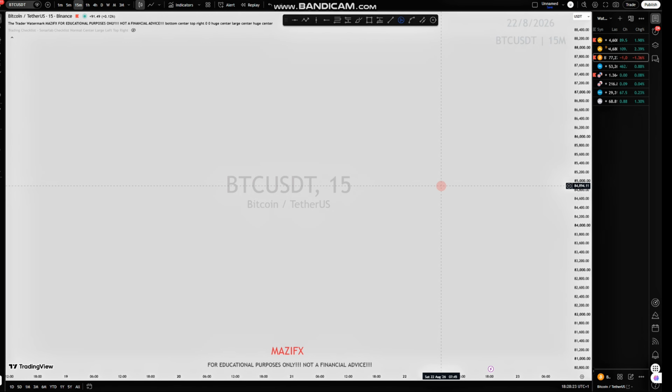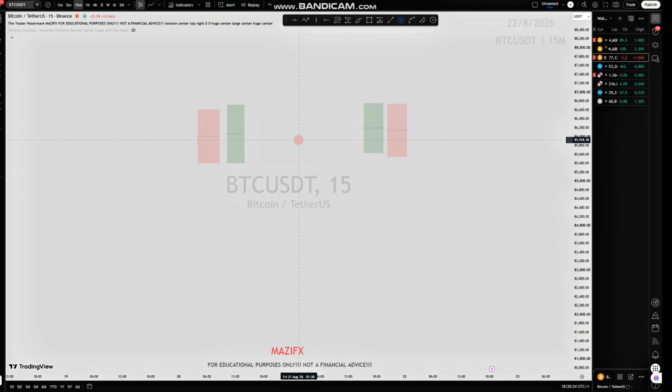Let's start with the first one, which is an engulfing candle. We have the bullish engulfing, and we have the bearish engulfing. The bullish engulfing is a bullish candlestick pattern. The bearish engulfing is under the class of bearish candlestick patterns.